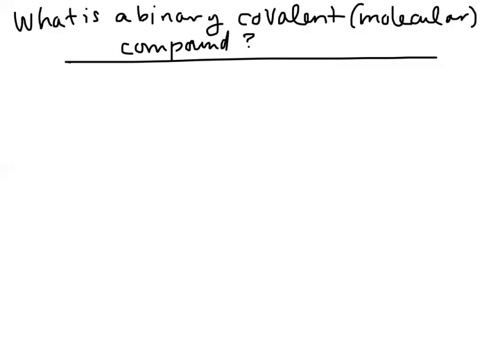You're not going to have to name any covalent compound that has more than two elements in it. That can get very complicated, as you will learn if you go on to organic chemistry. But we're just going to do two elements, both nonmetals or metalloids.